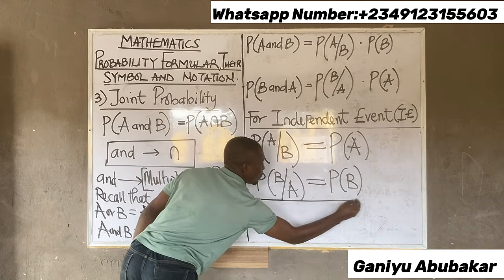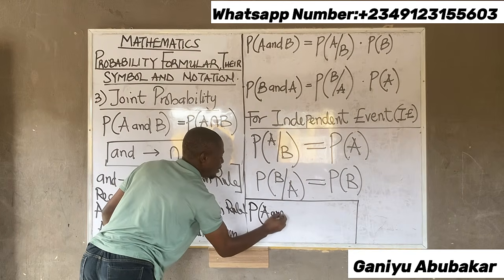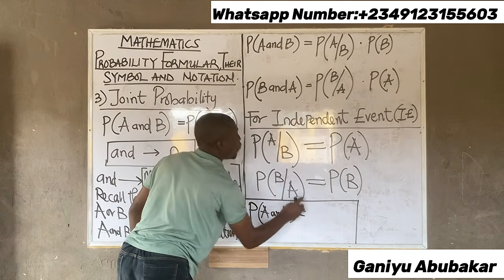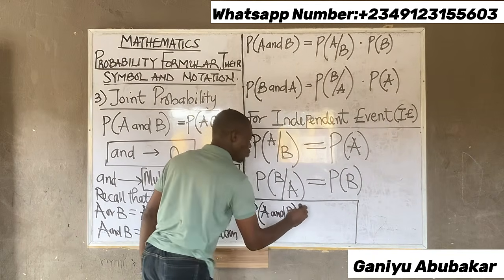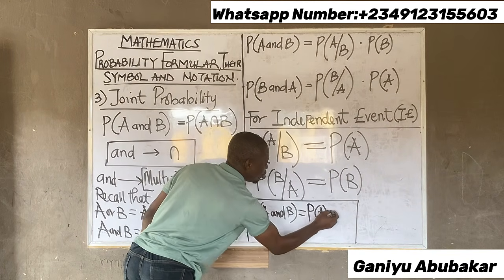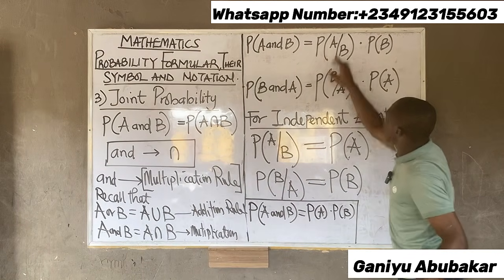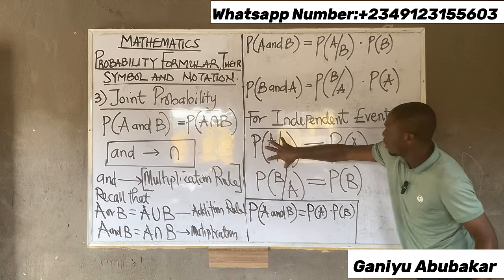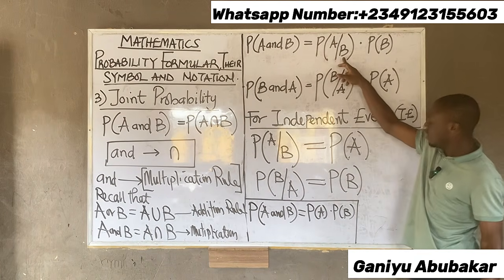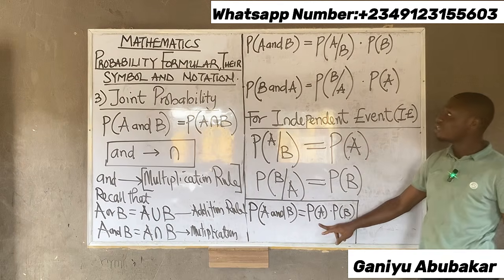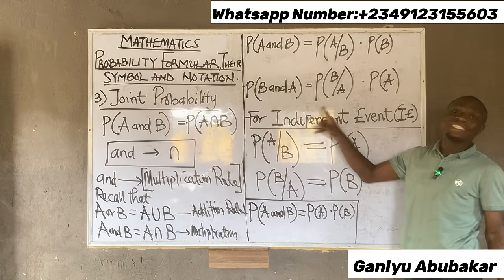The probability of A and B in terms of independent events gives you the probability of A times the probability of B. Because we just said this one is P of A. So instead of writing the probability of A given B, it is now P of A, and this is P of A times P of B. This only applies for independent events.